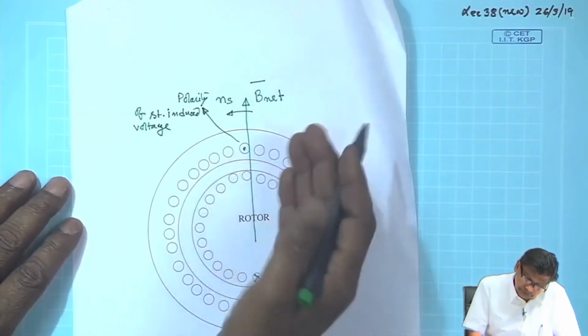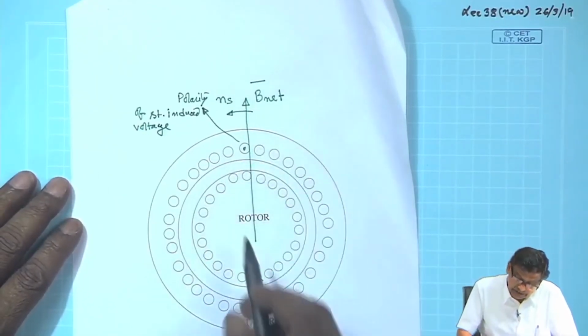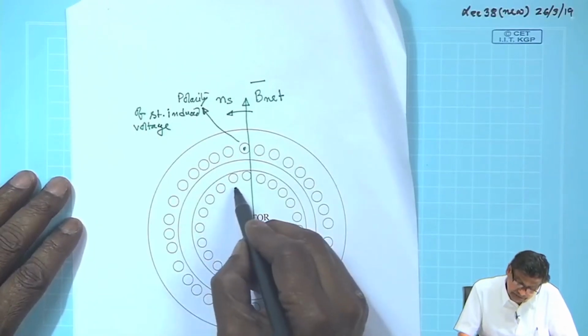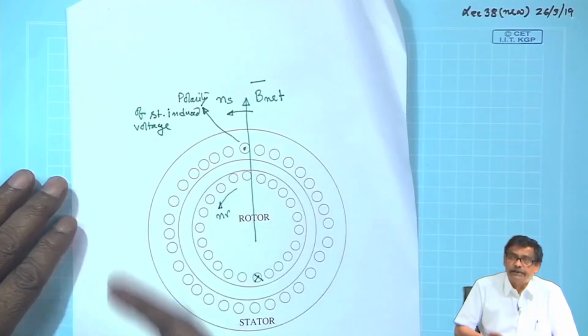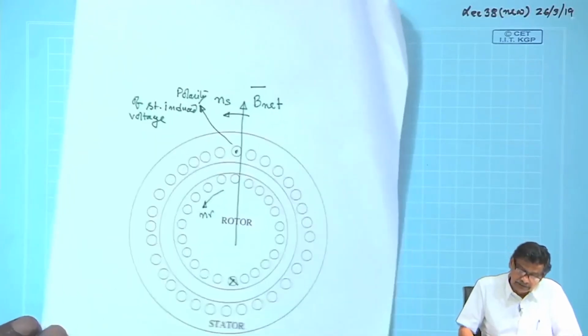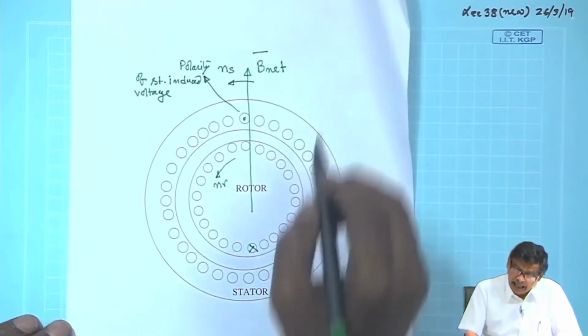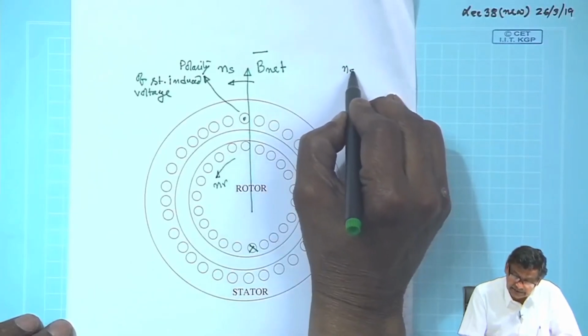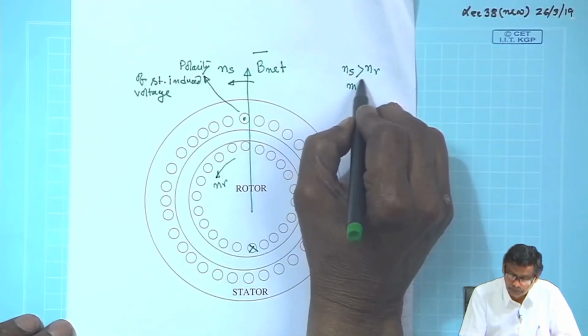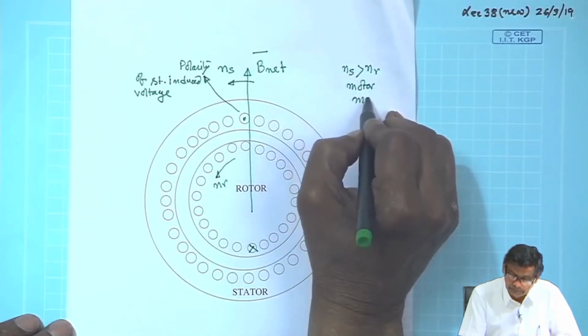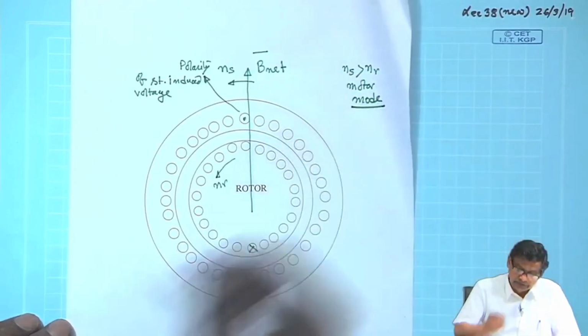Now suppose the induction motor is operating steadily, and with respect to a stationary observer the rotor has to move in the same direction with some rotor speed n r, and suppose n s is greater than n r, which is motoring mode. It is motor mode, we know that.